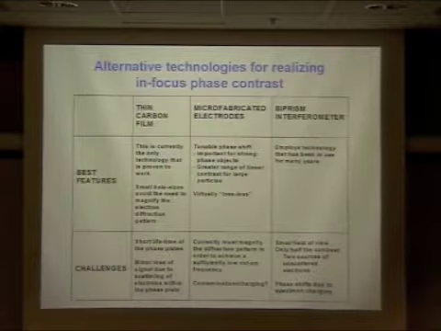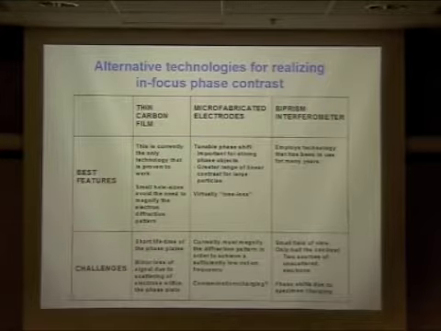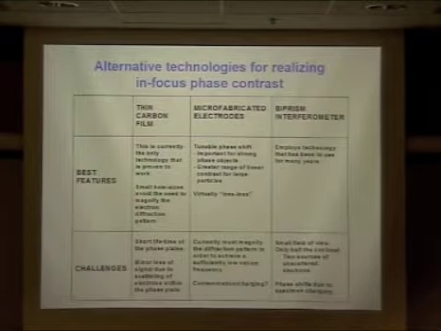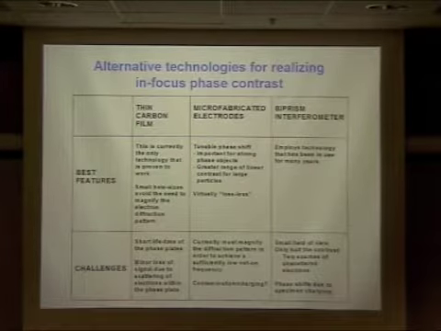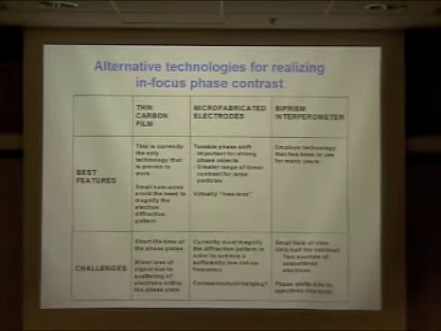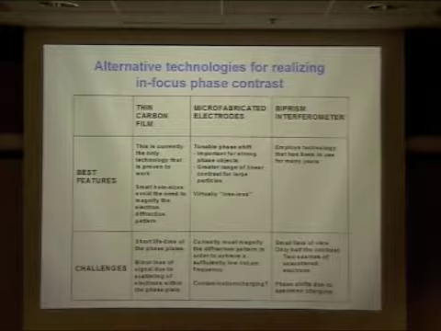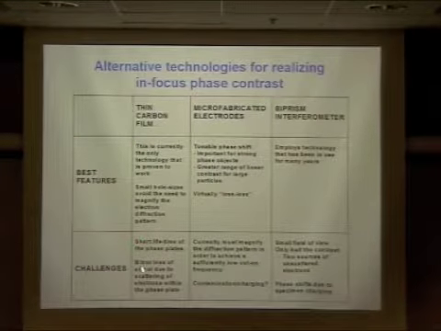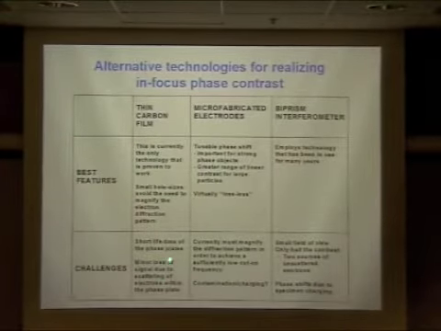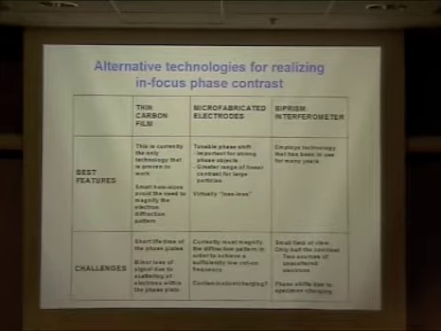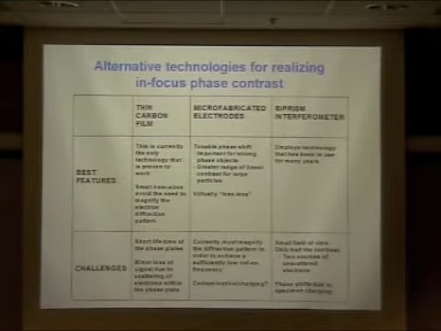The biprism interferometer, often called electron holography (material science people like to call it electron holography), employs technology that has been in use in material science for many, many years, and that would seem to be an advantage. Challenges or disadvantages: carbon faceplates, I haven't said so yet, have a very short lifetime, and we don't understand the physics or the materials properties of why that is so.